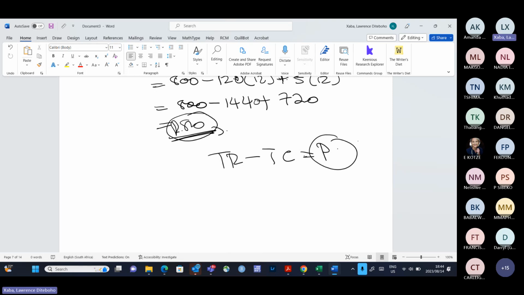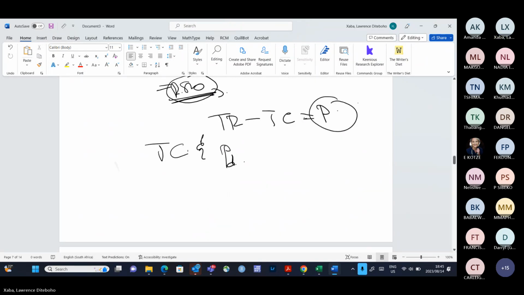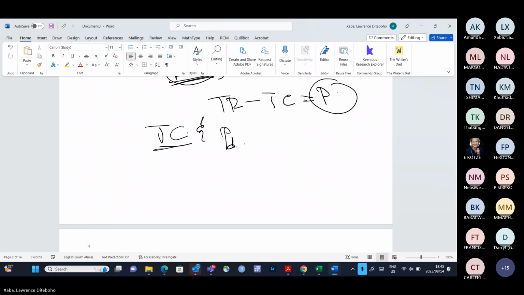whereby now we are given our total cost and we are given our price, our price with the function of demand. So this subscript D, it's a function of demand. So we are given total cost and we are given the price function.